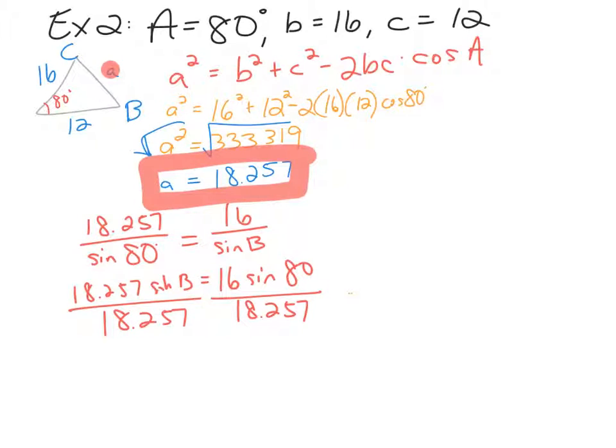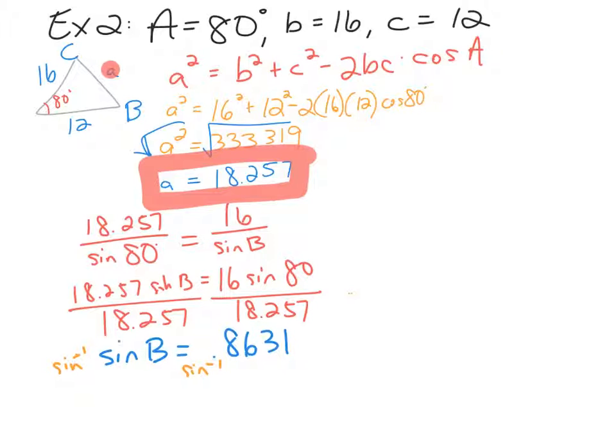And that's going to give us the sine of angle B is equal to this value, which if we just go ahead and type that into our calculator, it's about 0.86306. Then we want to find angle B, so that means, again, we're going to arc sine that decimal.